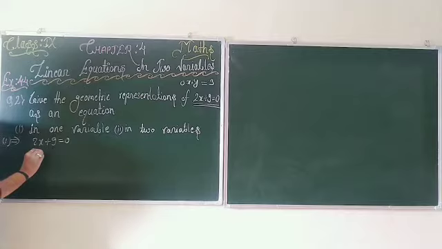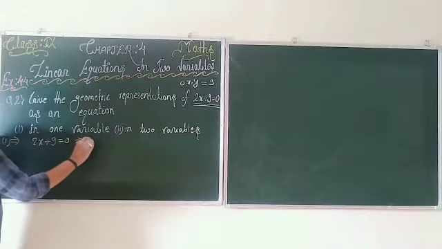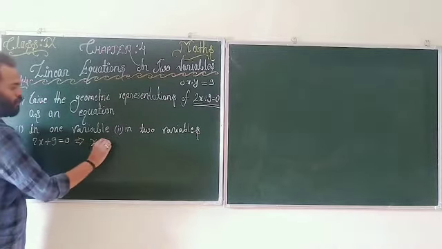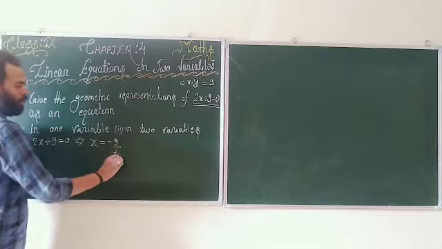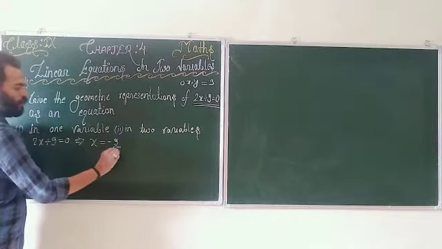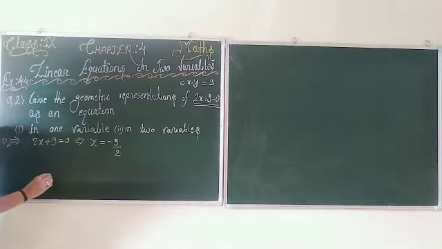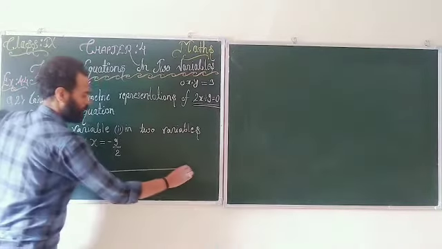So when we solve, we get x is equal to minus 9 upon 2, that is minus 4.5.